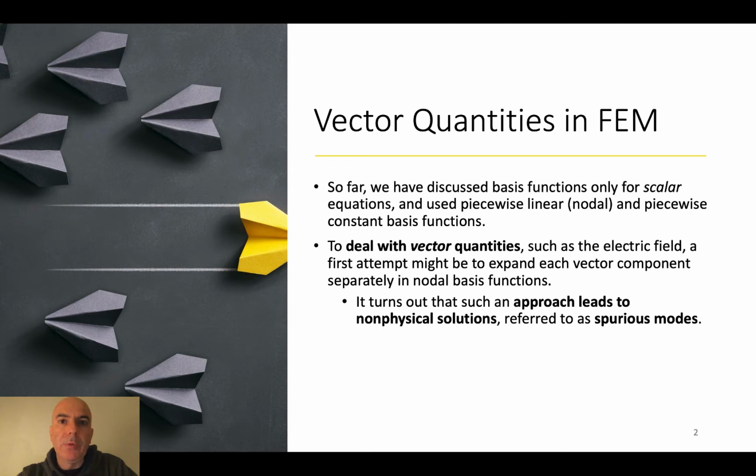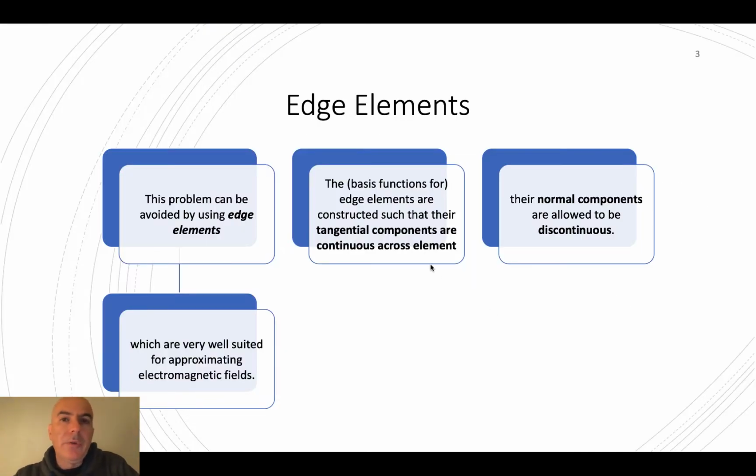We already saw spurious modes arising when doing the finite difference method. So in this case we will have to deal with the spurious modes, so we need to find a solution to that. A solution to this problem can be the usage of edge elements, which are very well suited for approximating electromagnetic fields.